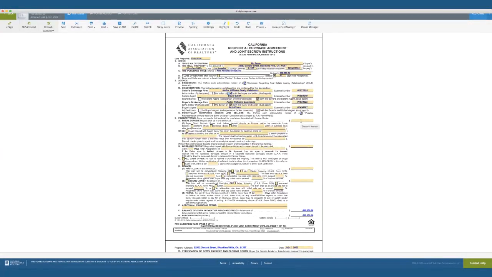So, initial deposit. We like to have a 3% deposit, which would be $15,000. The reason why we like 3% will be explained a little later, and you'll understand.